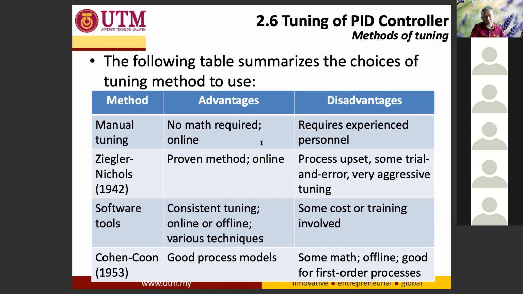The other method is software tools. This is provided by the company that provides the system; they come out with software that can control the system. The advantage of using software tools provided by the manufacturer is consistent tuning. It can be applied online and offline, and various techniques can be applied.